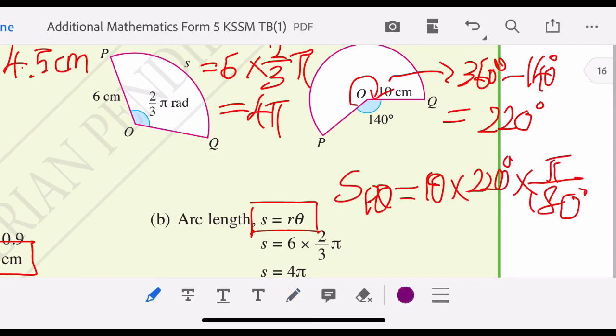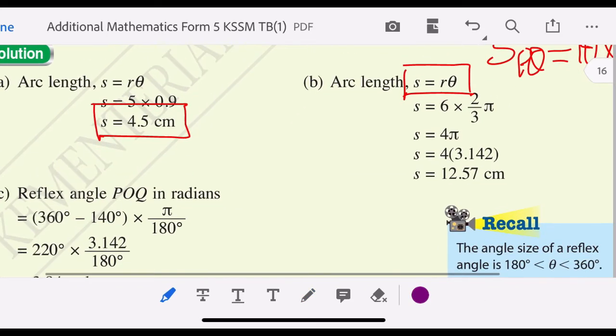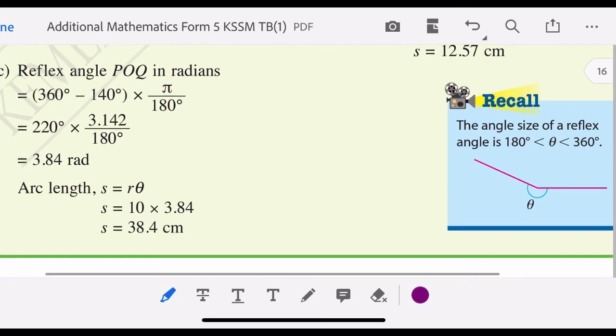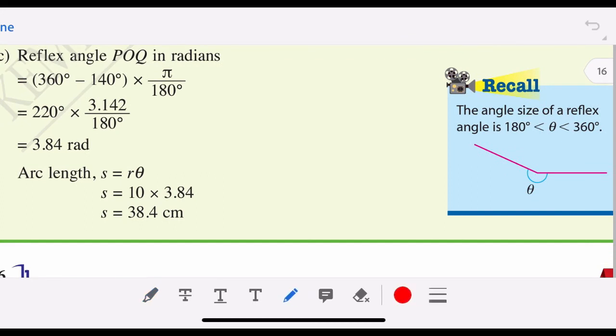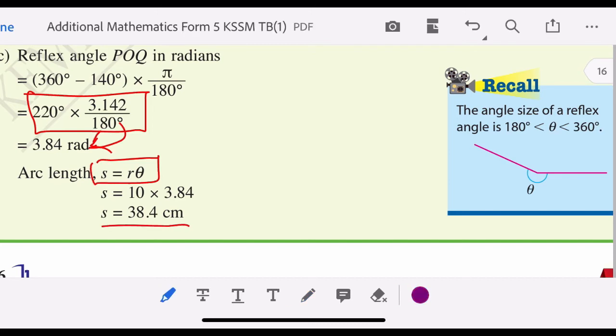You may press your calculator to get the answer. This is the conversion of 220 degrees to radian. You got 3.84 radian, and then you just apply the formula S equal to r theta, and the answer S is 38.4 centimeter.